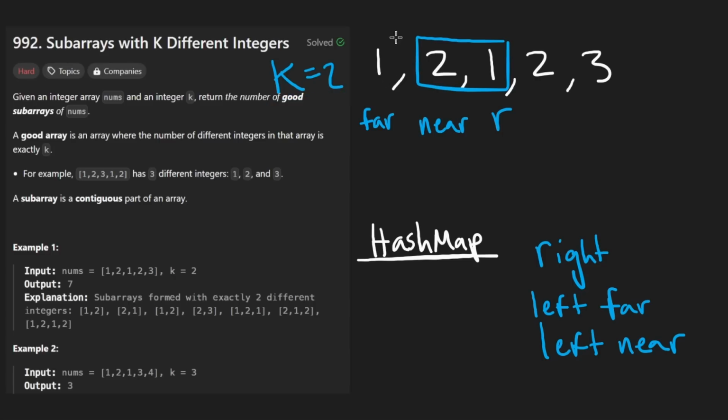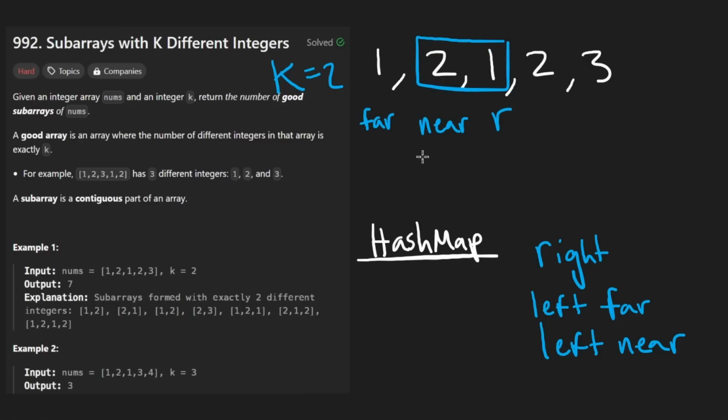So if we have an extra element over here, well, we're trying to shrink the window. So move the near pointer up until this point. Now the far pointer will tell us the max window where we have exactly k distinct elements. Both of these pointers will give us a window where we have exactly k distinct elements, but this one will give us the smallest window, this one will give us the largest window.